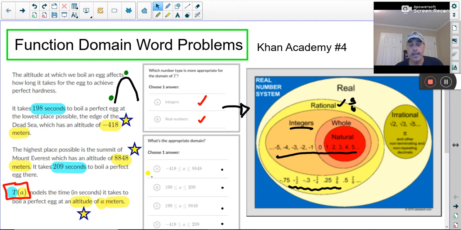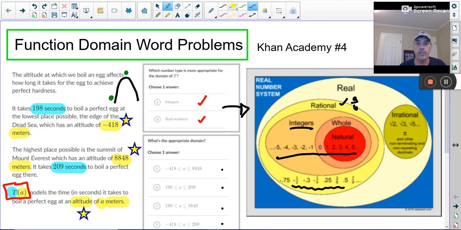Now, you know as well as I do, meters are not the only way to count in the metric system for length. So we're not going to choose just positive and negative whole numbers. We're going to need fractions and decimals of meters as well, which means we're going to have the rational numbers. And if we want to include the rational numbers in this, then they are giving us the choice of either integers or real, and I'll take real.